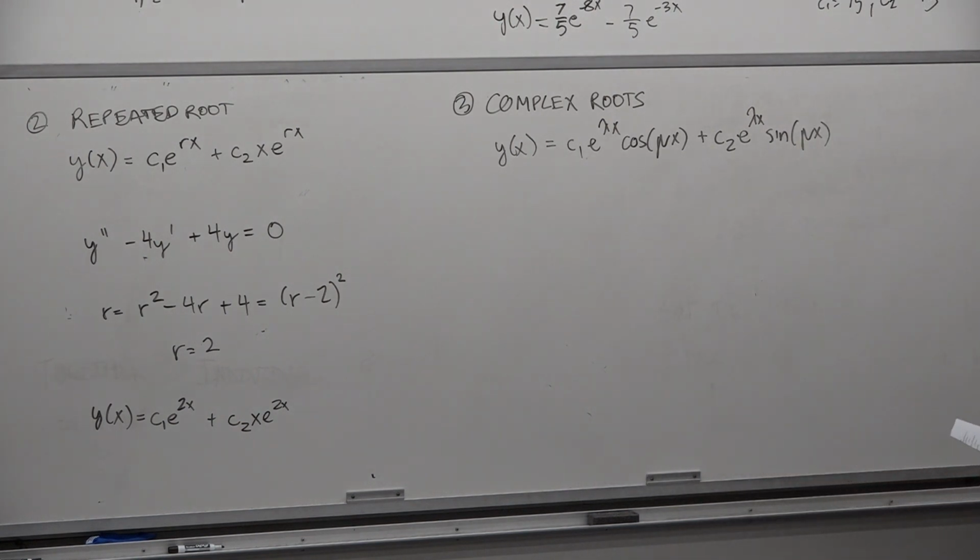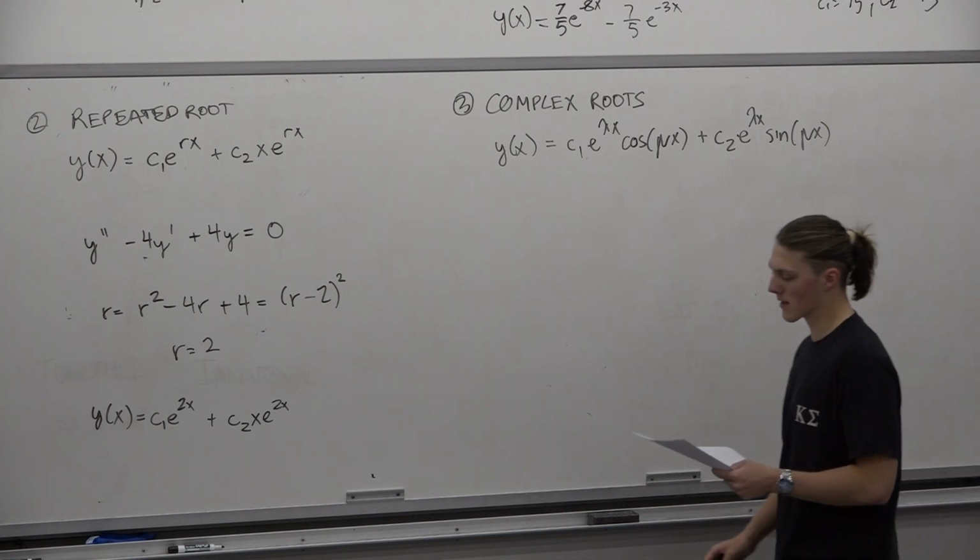So what we have is c1 e to the lambda x cosine mu x plus c2 e to the lambda x sine of mu times x.